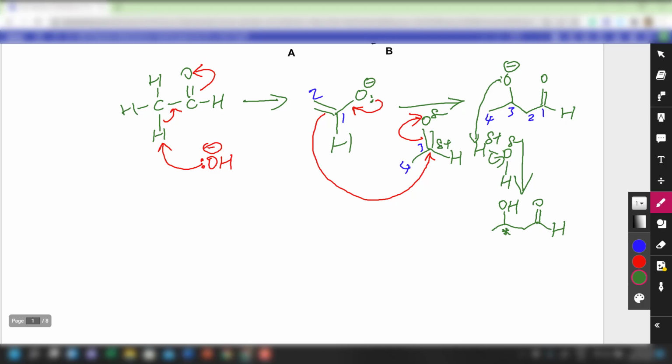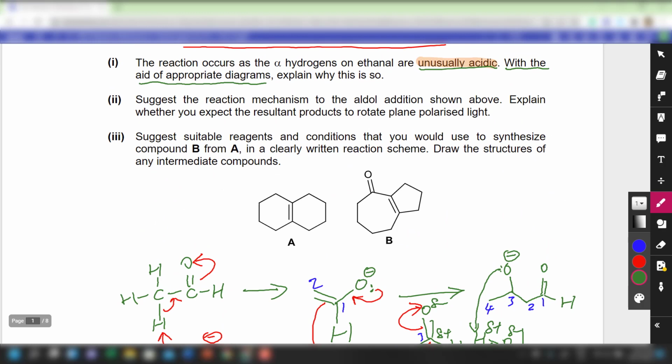So what you end up with is likely to be a racemic mixture. I don't think you should expect any rotation of plane polarized light because I'm forming an equal amount of both enantiomers. Of course there is a way for you to control it, but that comes later on, which we will tell you more about.